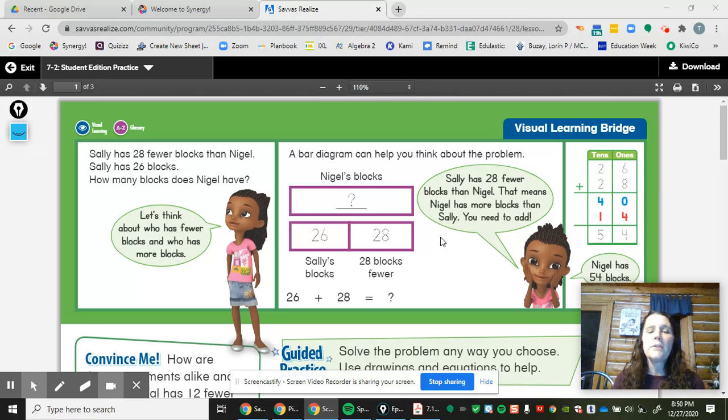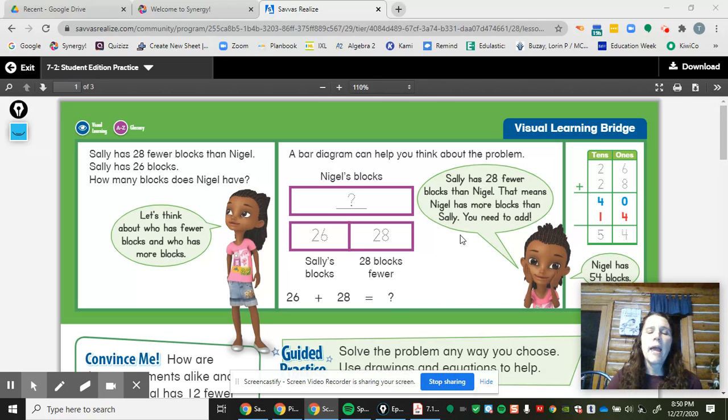So then if you look at this bar diagram here, it says a bar diagram can help you think about the problem. So the little girl is saying, Sally has 28 fewer blocks than Nigel. That means that Nigel has more blocks than Sally.